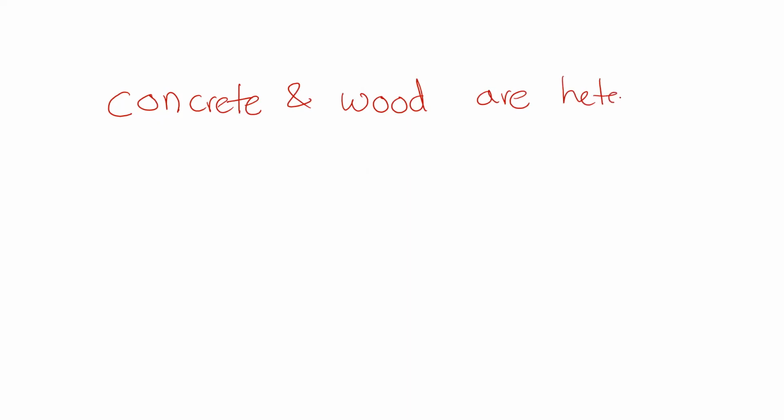And I was wondering why, because concrete, aren't they just, I see it as homogeneous is basically what I thought it would be, because I thought everything would be uniform. So I'm not understanding why concrete would be heterogeneous and not homogeneous.